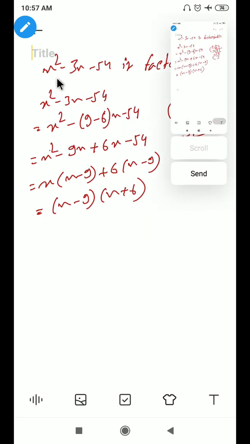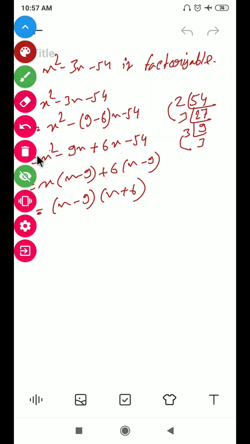Go to the next problem like this. Question number 4 is given here: 3x square plus 4x minus 10. So again compare with ax square plus bx plus c.